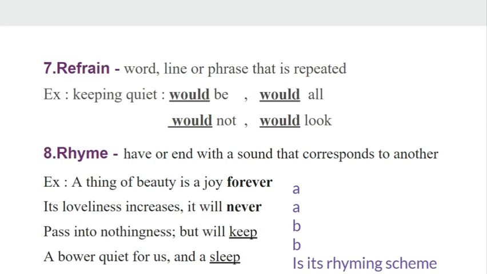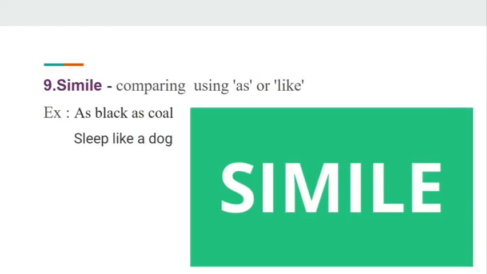So by this, we can say that the rhyming scheme of this poem is AABB. That means the first two lines have the same ending sound, and the last two lines also have the same ending sound.